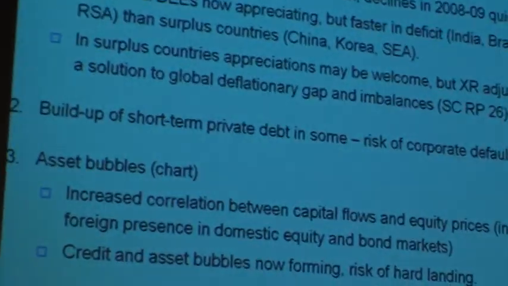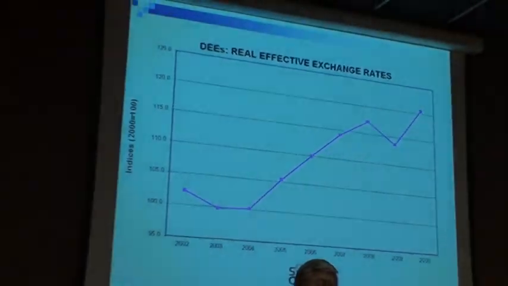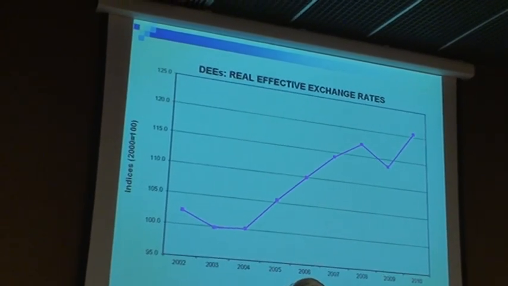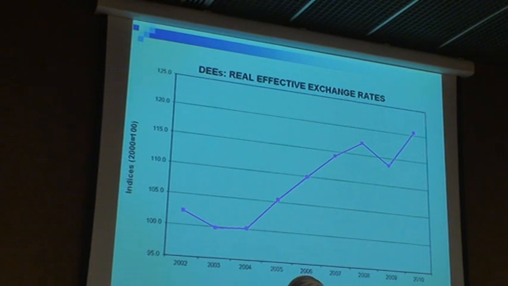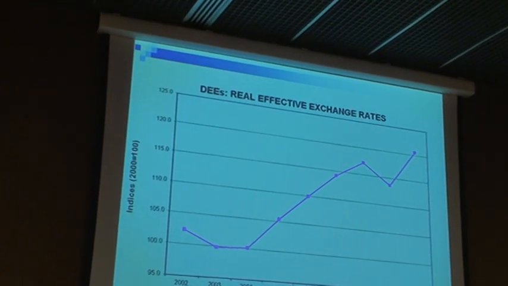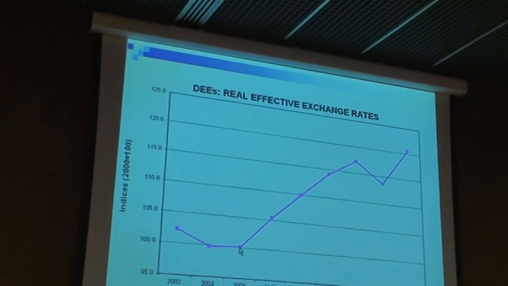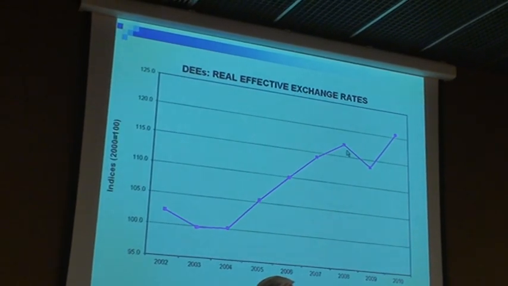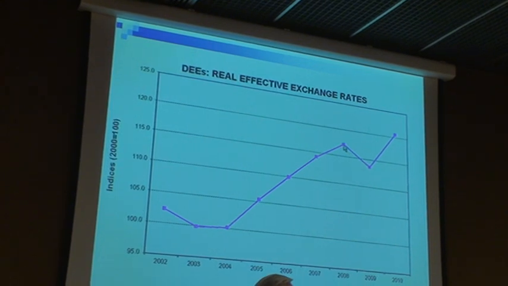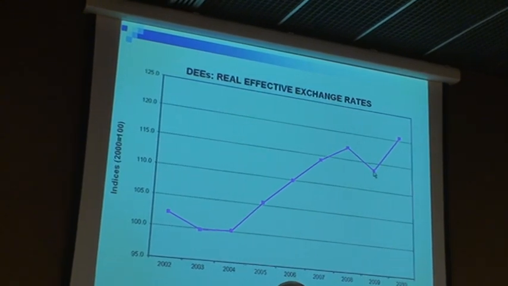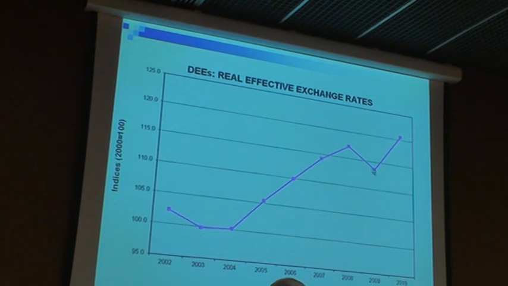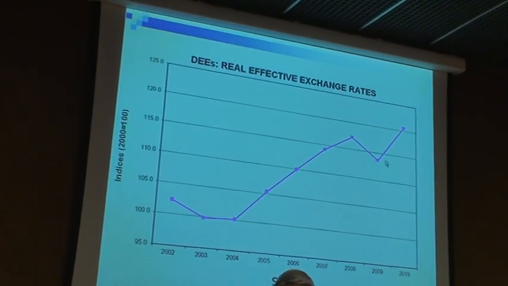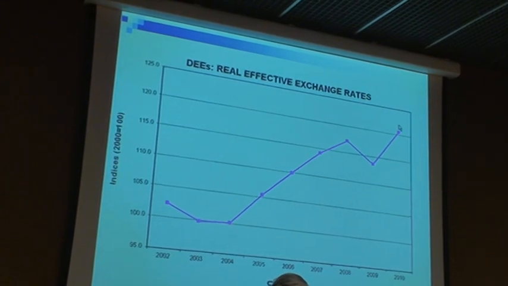Now, if you look at the exchange rate of developing countries, this is an average of the 30 most important emerging markets and developing countries. From 2004 onwards, you see a strong appreciation of the currencies, followed by a sharp decline during the Lehman collapse when capital went out, and followed again by a rapid recovery and appreciation.